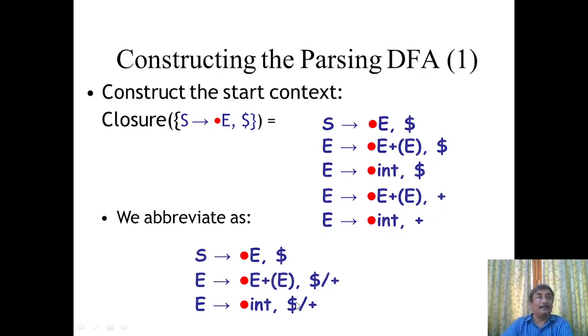Many people think that look ahead means the algorithm looks ahead and sees what is there in the input string. No, the parser table or the DFA is constructed by considering a look ahead. While in LR0, it was never considered. What could be the look ahead? Nobody considered. So therefore, the second component was missing there.